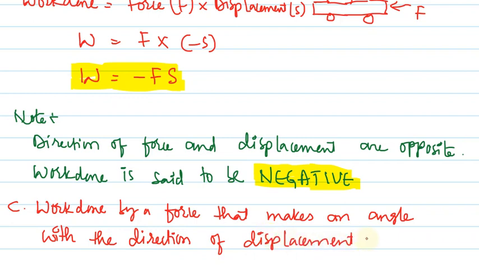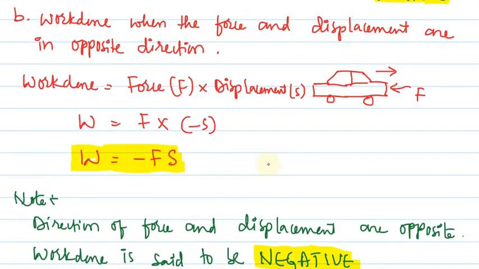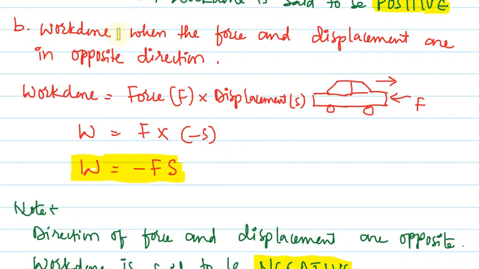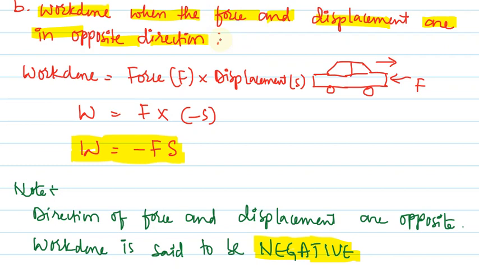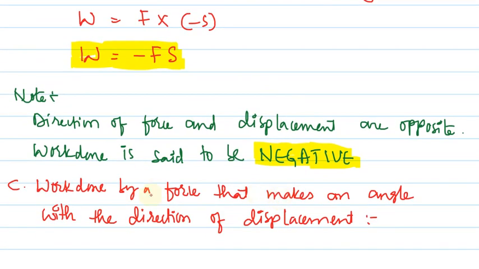If we see the second possibility, where force and displacement are in opposite directions, the expression is W is equal to minus Fs and work done is negative. Now the third possibility is work done by a force that makes an angle with the direction of displacement.